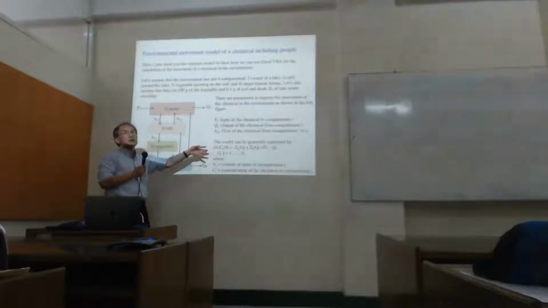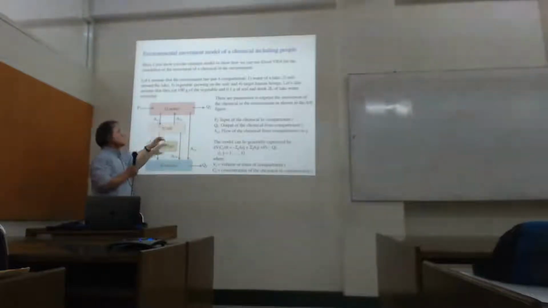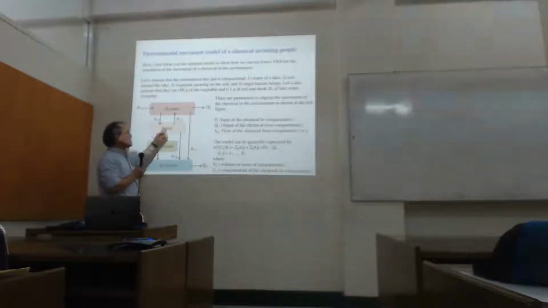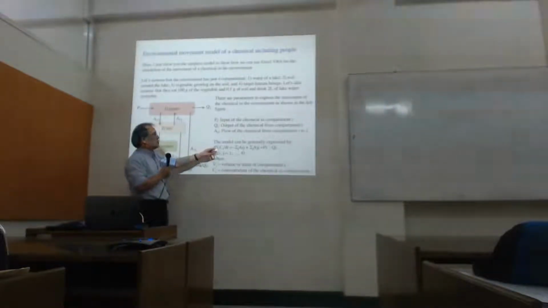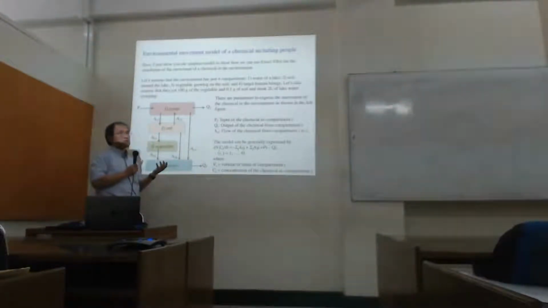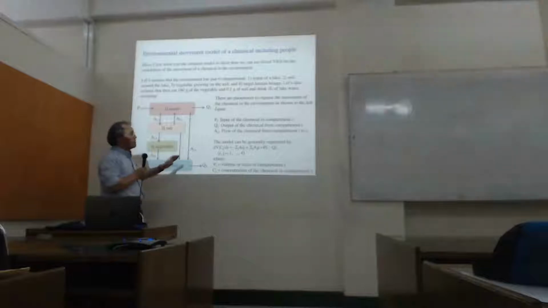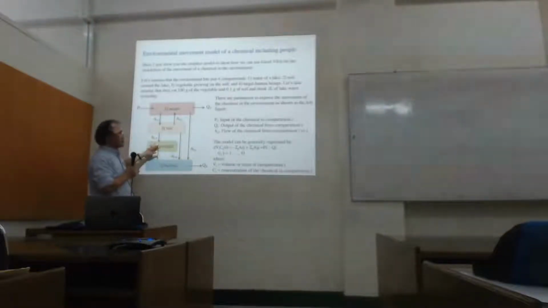So this is the total amount of the pollutant in each compartment. In the case of soil, you need to assume the total volume of the soil around the lake waters. And also vegetables, and even human beings.